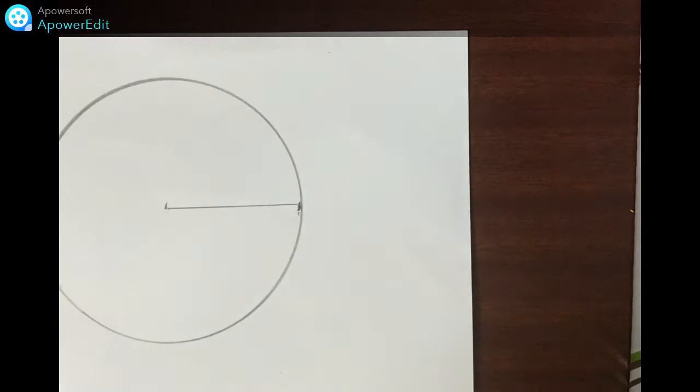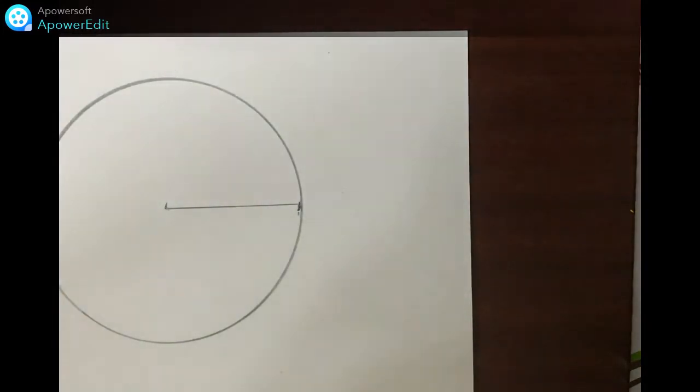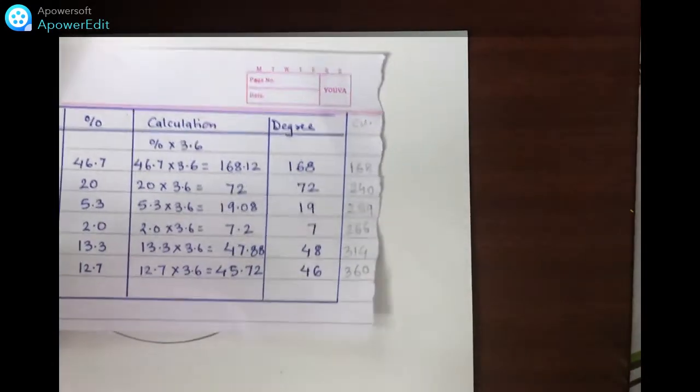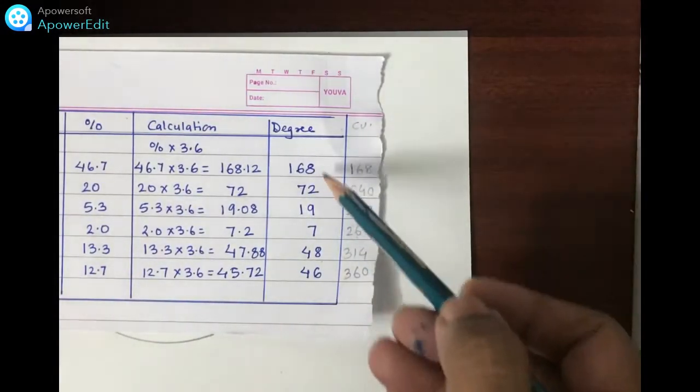So a circle of 5 centimeter radius is ready with us. Now what is the next step that we are going to follow is that we are going to draw the angles. These are our angles.